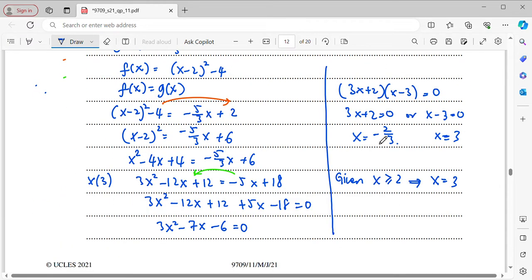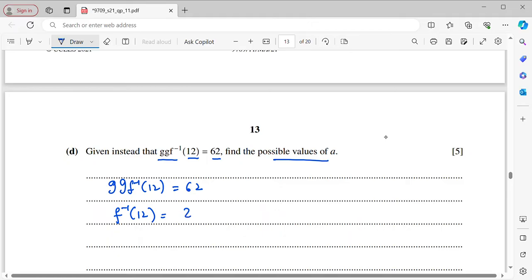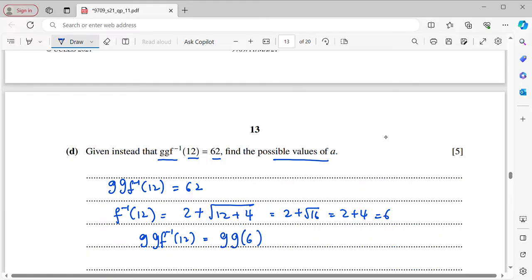Okay, so 2 plus square root of x plus 4. That means this is going to be 2 plus square root 16. Then I will get 2 plus 4, which is 6. Then now, g g f inverse 12 is the same as g g 6, because the f inverse is 6.